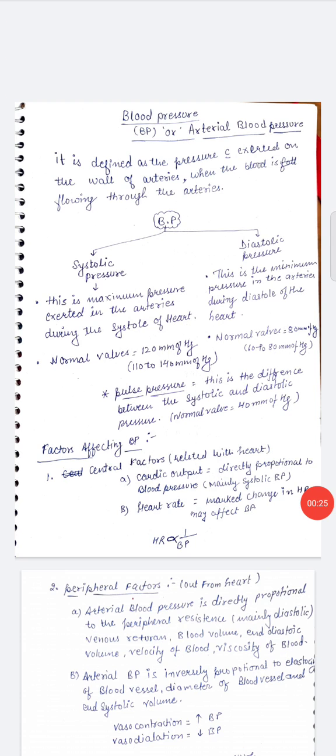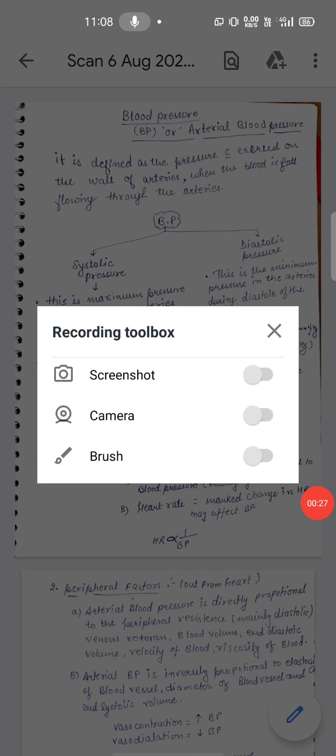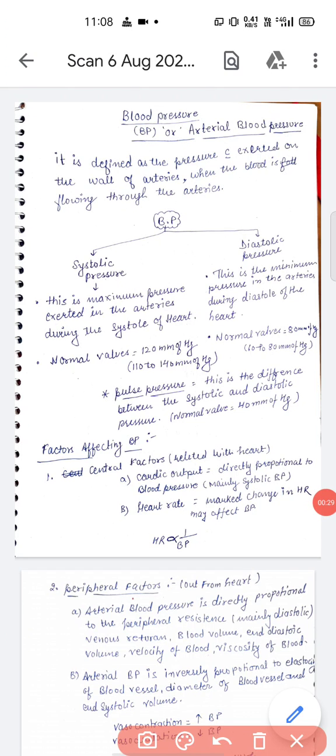You know that blood is also known as the river of our body, and that blood flows through the blood capillaries, blood vessels, arteries and veins. During that flow, blood exerts pressure on the wall of arteries, veins, venules, arterioles. That pressure is known as blood pressure.